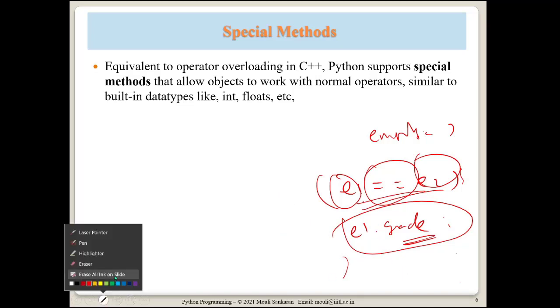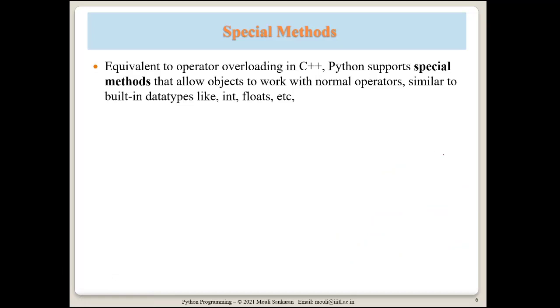If you want to use normal operators like this, in C++ we do operator overloading, which is a little more elaborate and cumbersome in terms of defining them. I should not be too biased towards C++. Here also we need to do a similar thing for operator overloading.